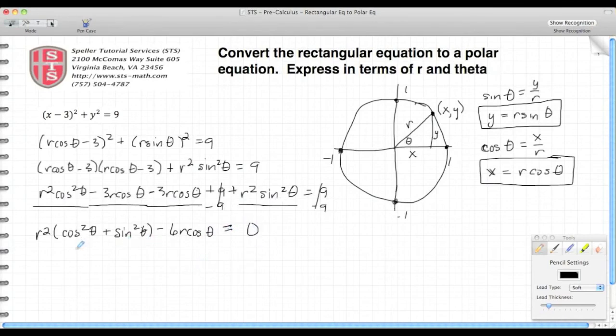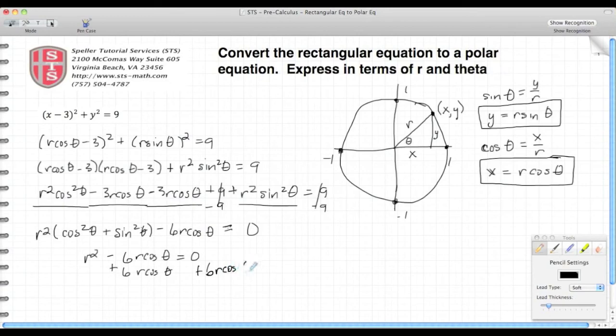Well, knowing my trig identities, I know that cosine squared theta plus sine squared theta is the same thing as 1. So really this is r squared times 1, which is just r squared minus 6r cosine theta. And I really want this to be an r equals problem. So what I do is I add 6r cosine theta to both sides.